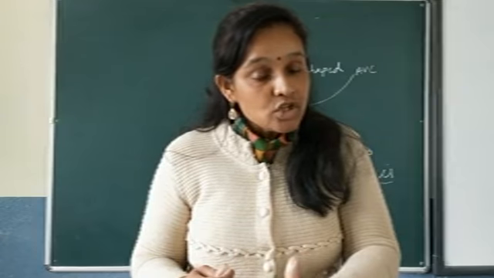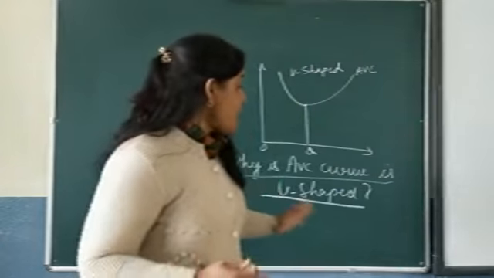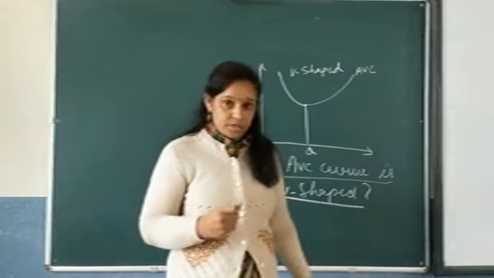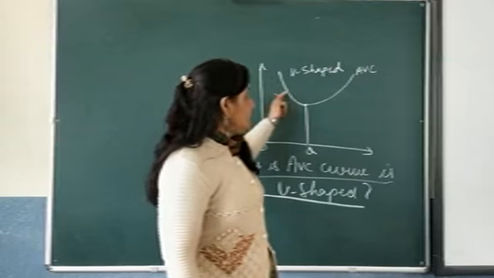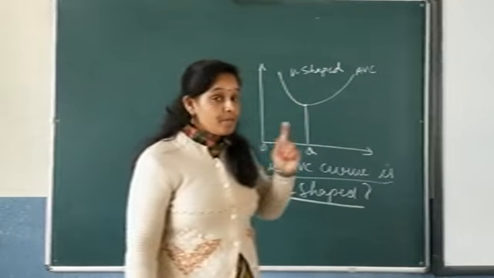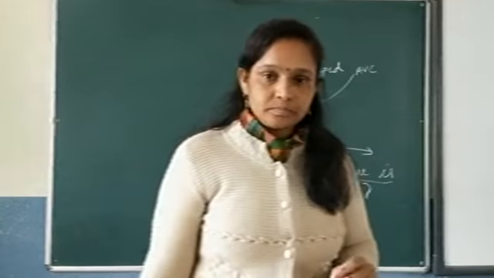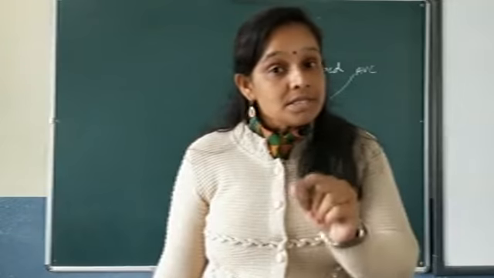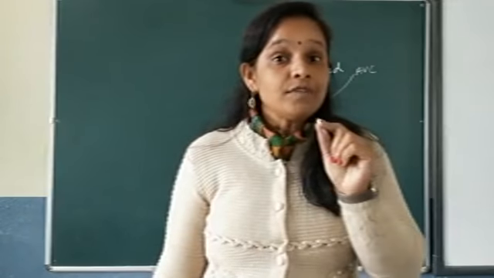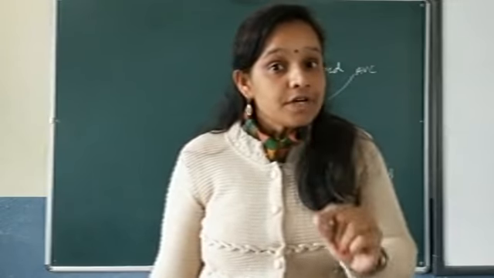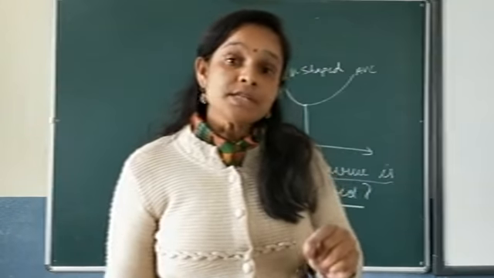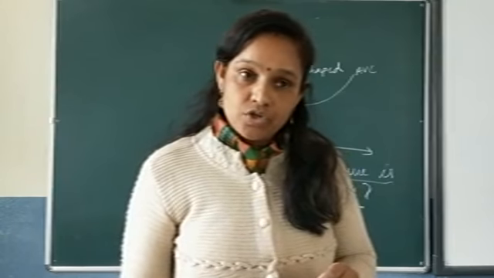Because of the application of the law of variable proportion, the average variable cost curve is U-shaped. Initially your cost is falling. Why is your cost falling? Your cost is falling because of the application of the first stage of the law of variable proportion. What is the first stage of the law of variable proportion?